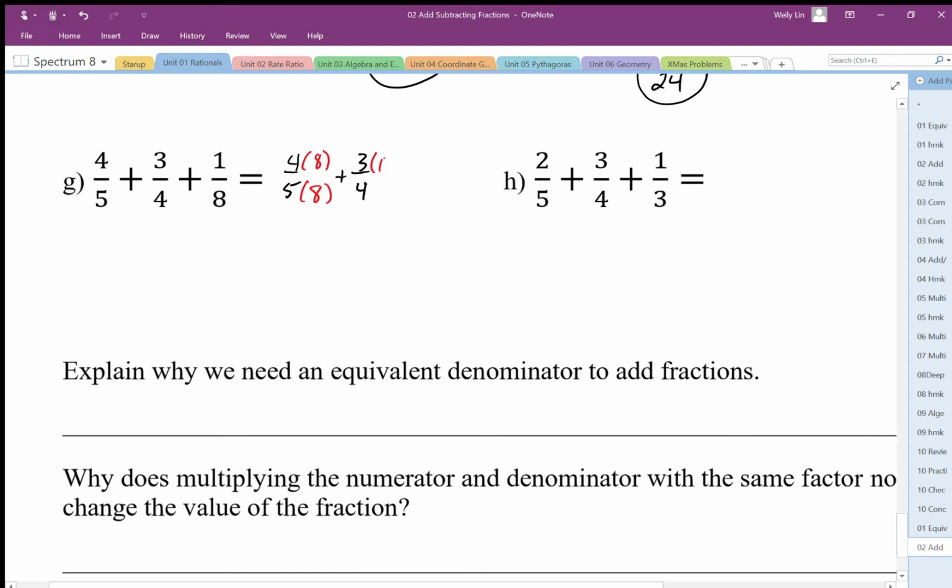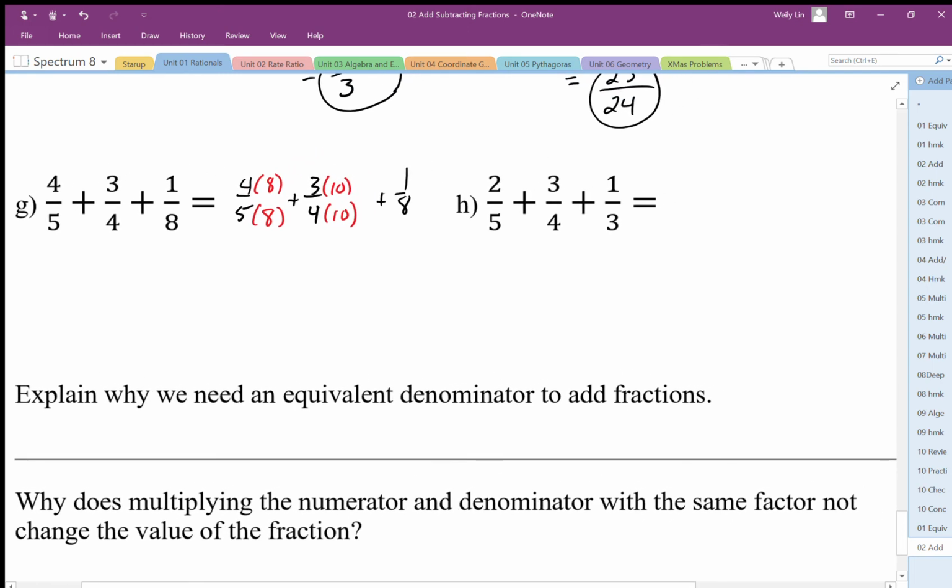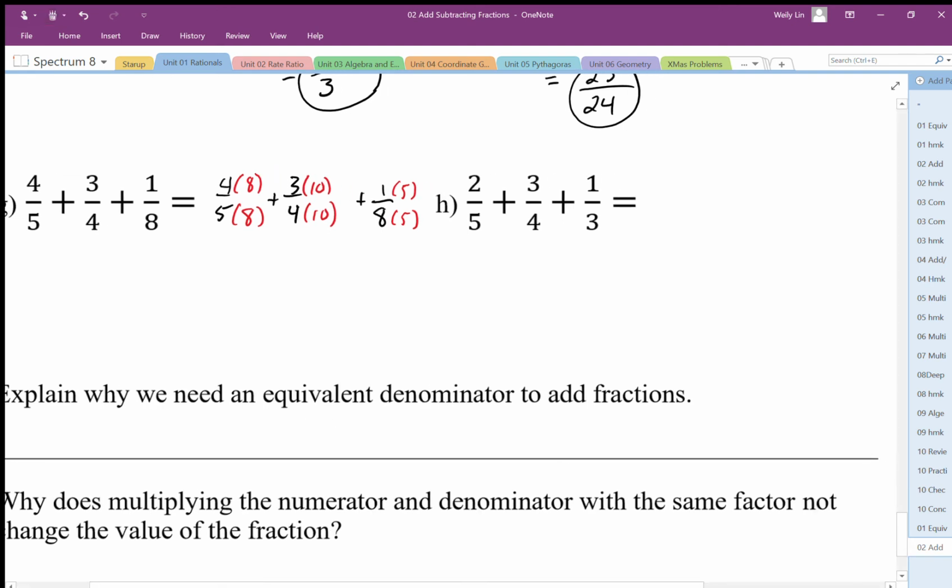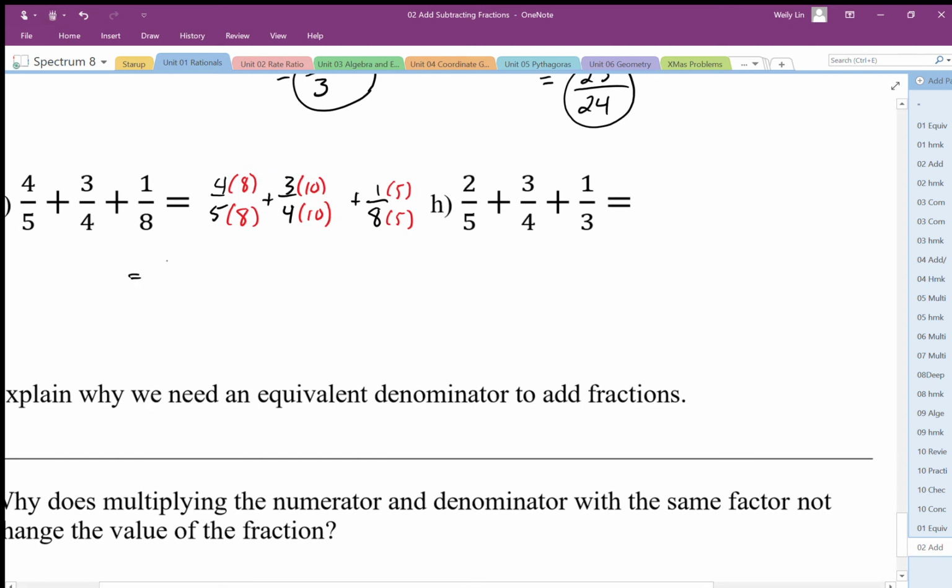So times by 10, times by 10, I get my denominator of 40 here, and then my 1/8, this one's going to be times by 5. So I get my times by 5, times by 5, and I end up with 32 out of 40, which is equivalent to 80% or 4/5.